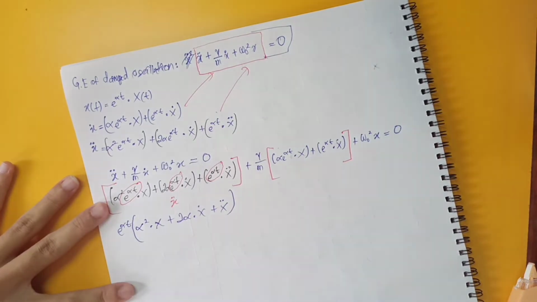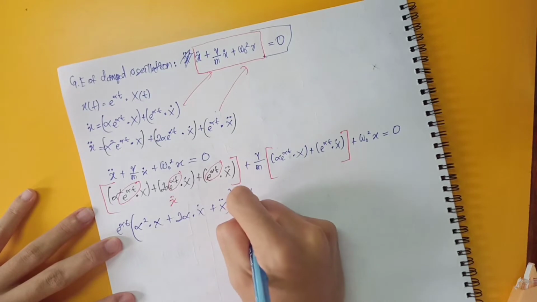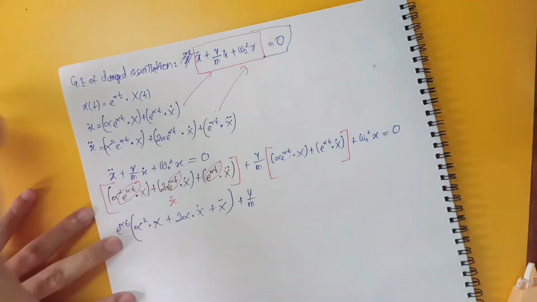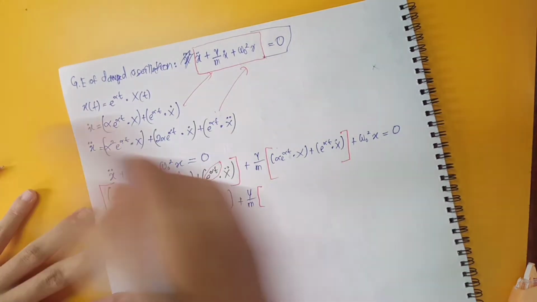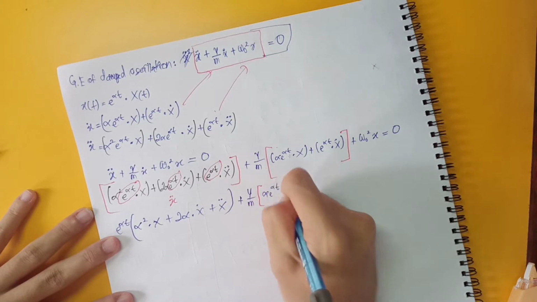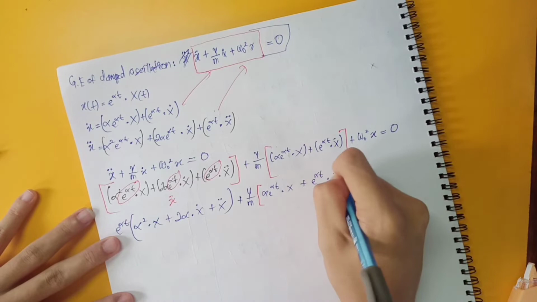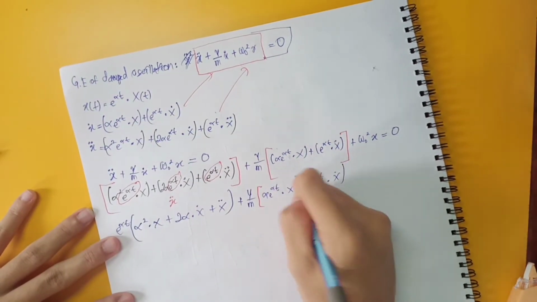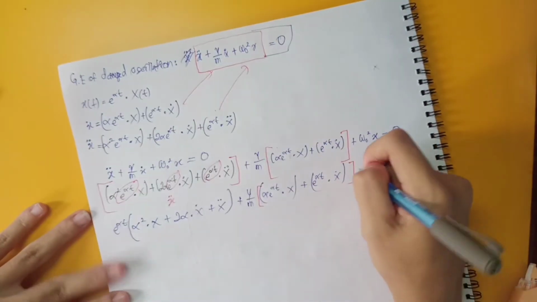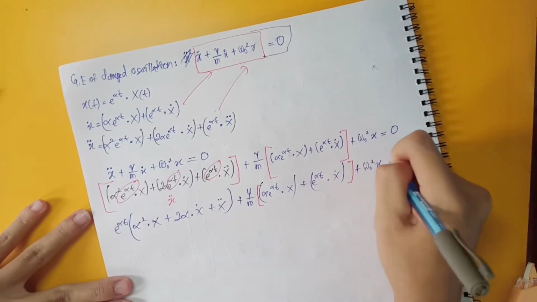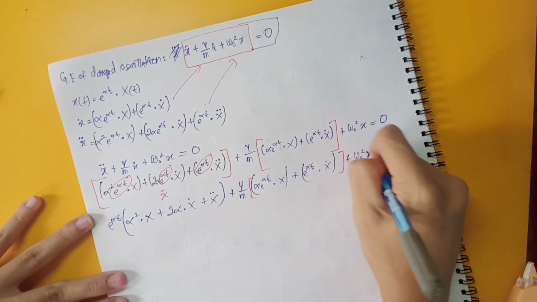Now plus gamma over m times alpha e power of alpha t times X plus exponential power of alpha t times x single dot. And plus omega naught squared x equal to 0. This is capital X.